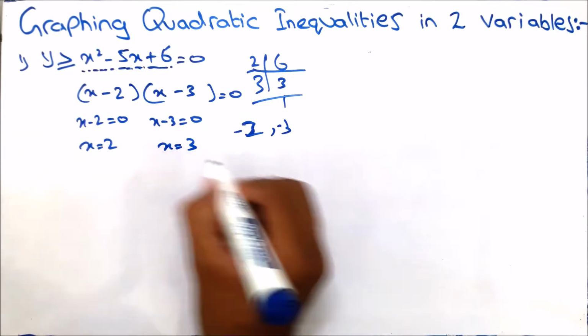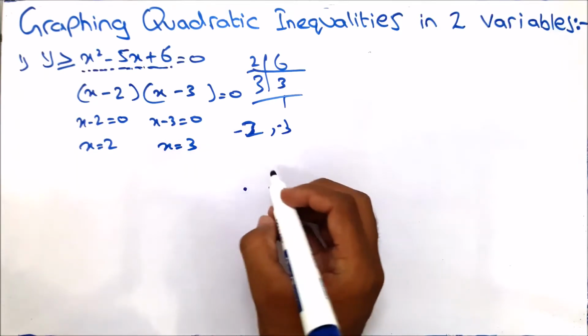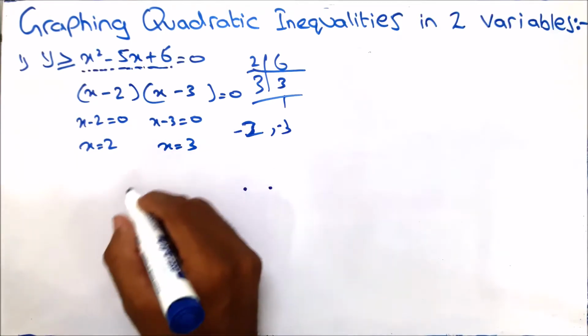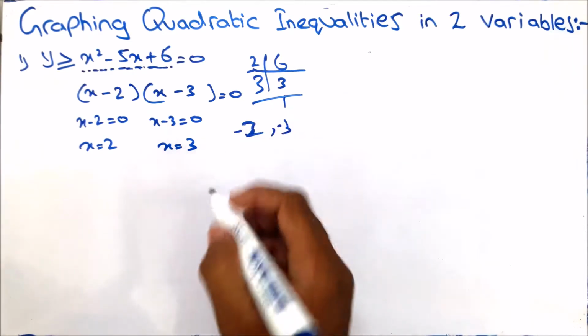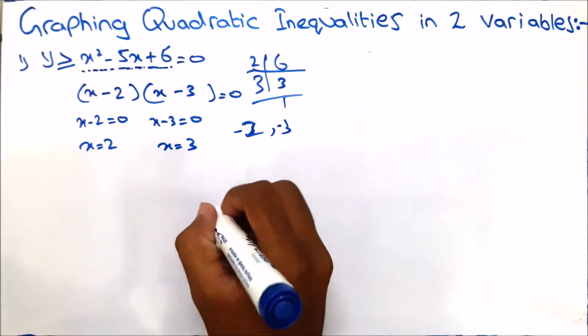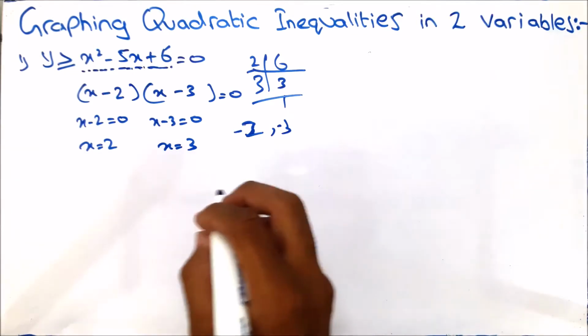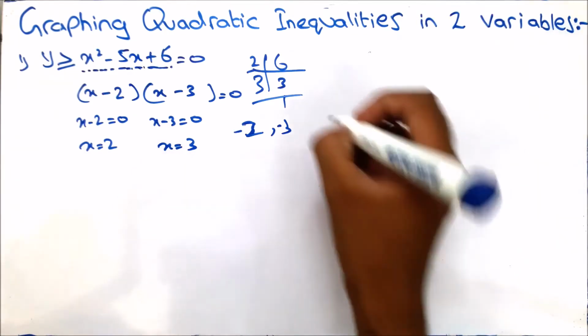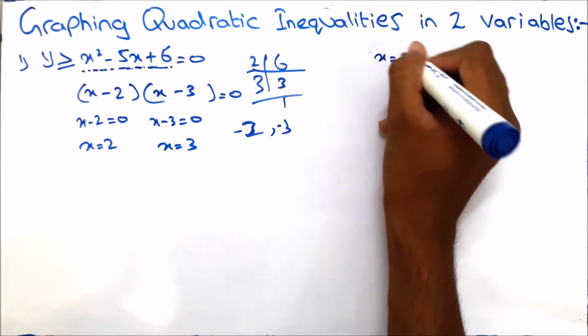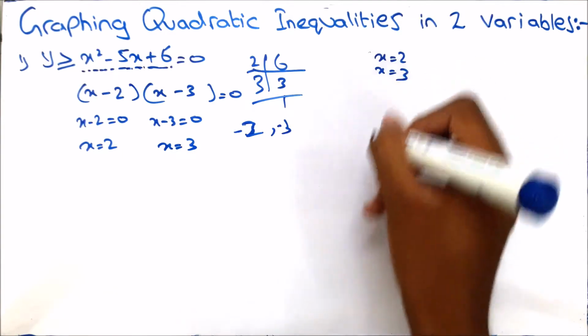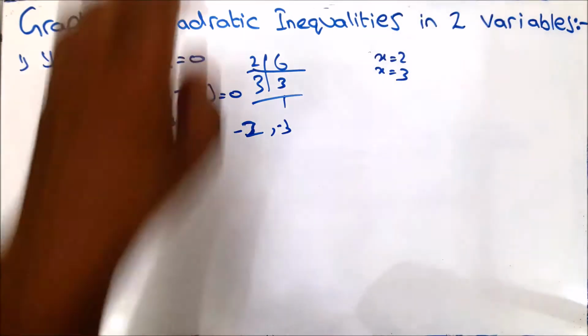Now we have two points where the graph intersects the x-axis. Okay, so now we need the turning point, or the vertex, of this graph. I'll just write these down separately on the side, x equal to 2 and x equal to 3, and I will erase the rest of it.